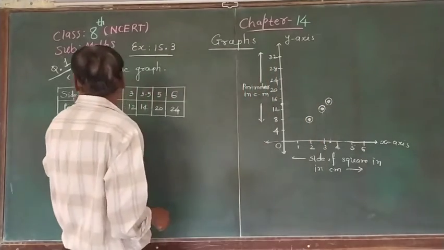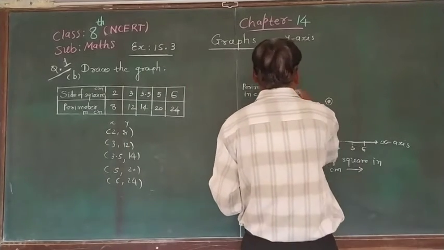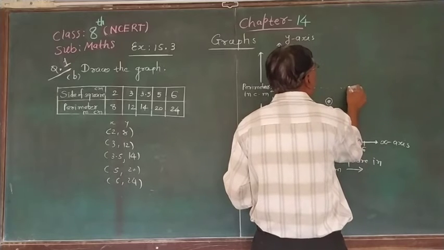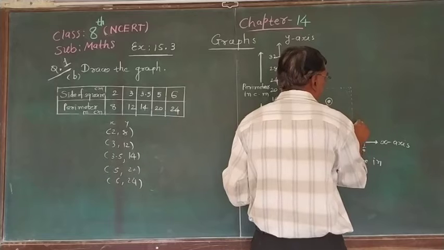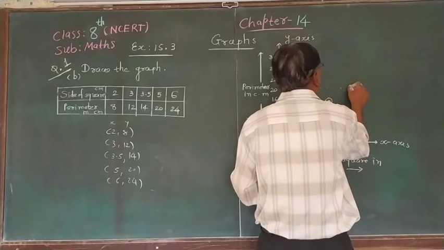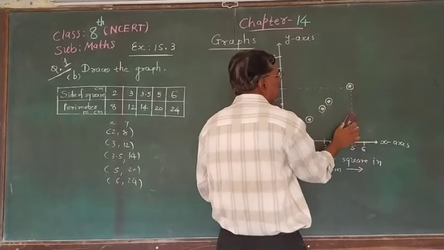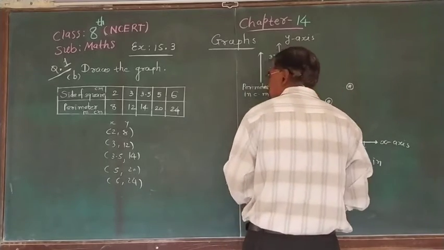Okay. Side of square 5, then the perimeter will be 20. If you draw a dotted line in this way and obtain the point here, then rub this line, dotted line or light line, whatever.